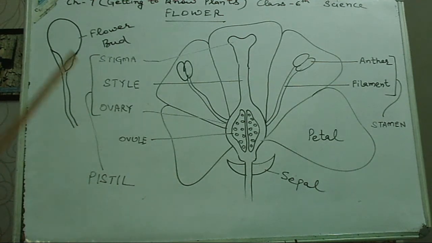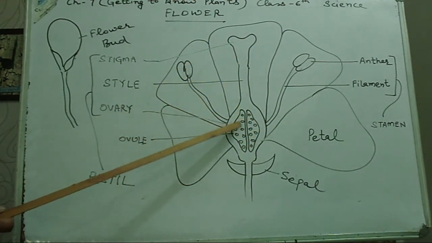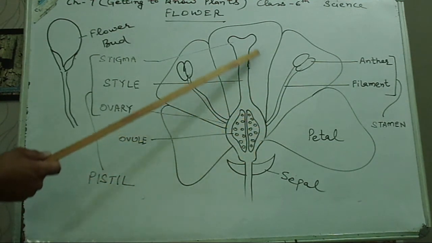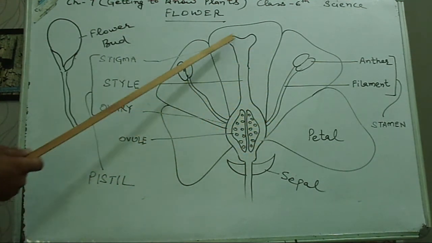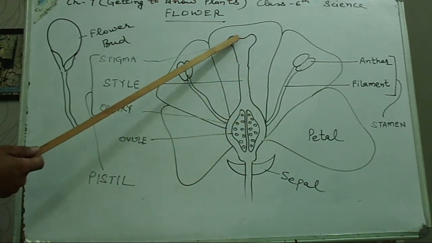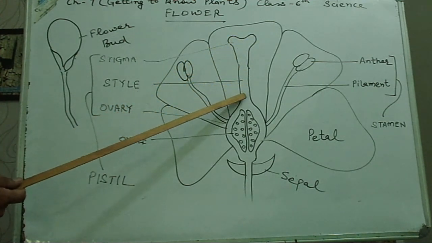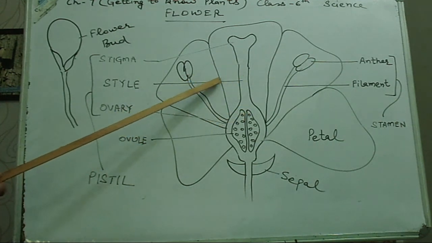The two important structures of the flower that help to continue the race of the plant are the male reproductive system and the female reproductive system. The central part, if you are able to see it here, is the female reproductive part, which is called the pistil. The top of the pistil is called the stigma, and the long tube following the stigma is called the style.